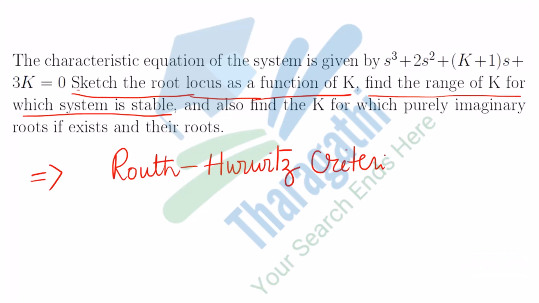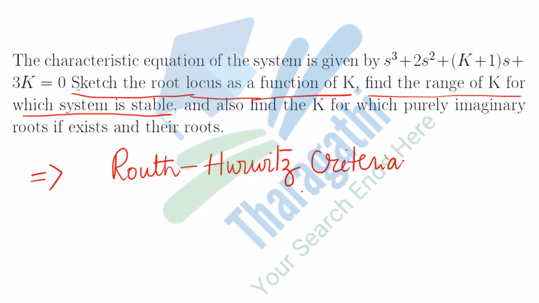You can apply it by formulating the Routh array for the system and identifying the limiting value of k at which any element in the first column of the Routh array becomes 0 or negative.